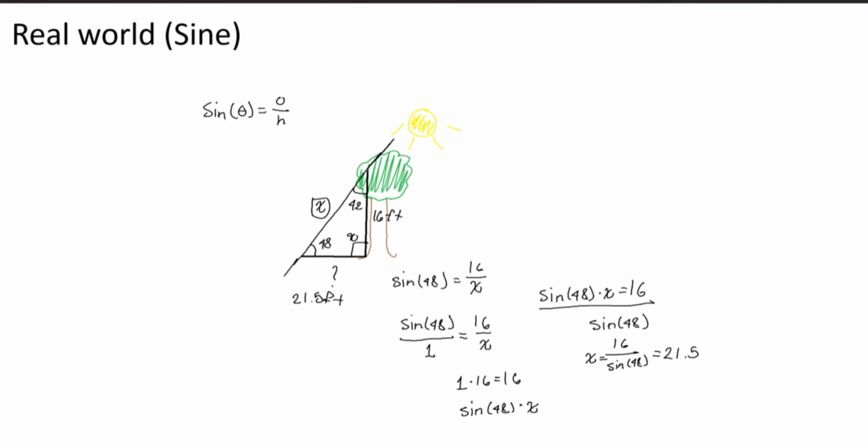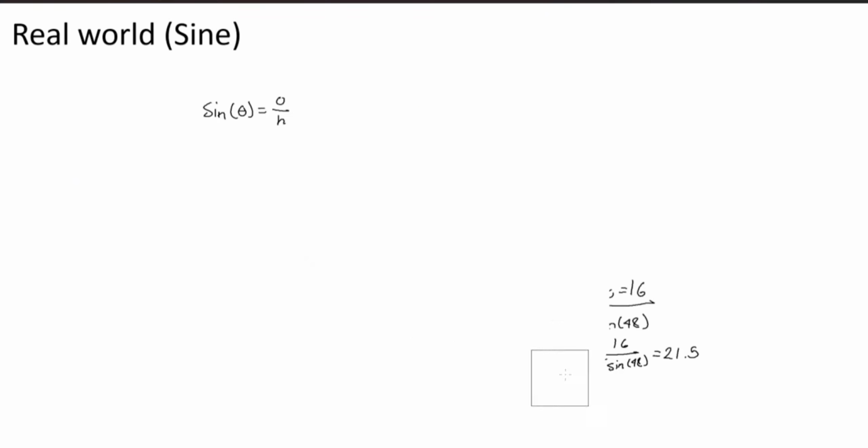Now let's look at a different example here. Instead of using this nice beautiful tree that I drew here, let's do the same thing. So it's a sunny day, the sun's out, it's shining its light everywhere, it's bright, and you're walking through the park and you see a flagpole.